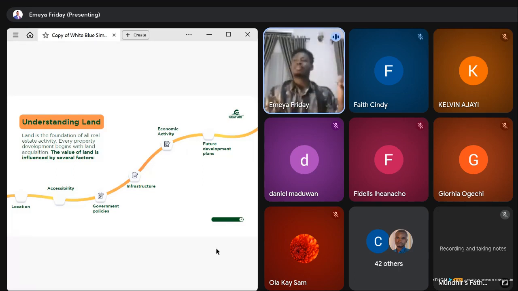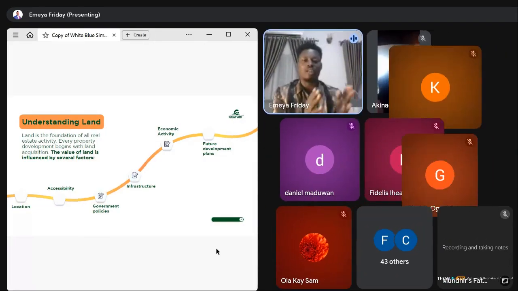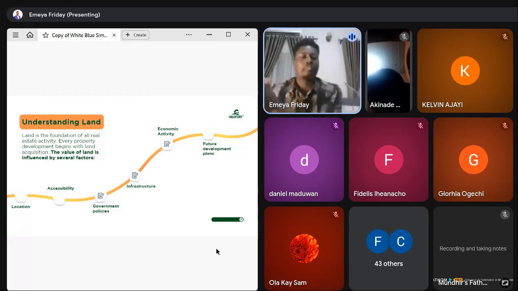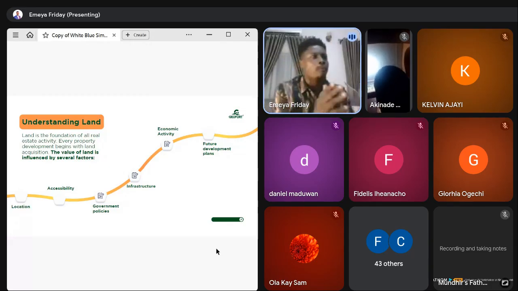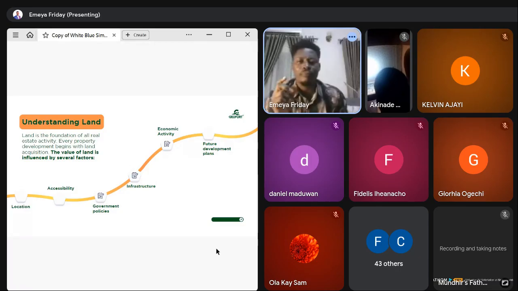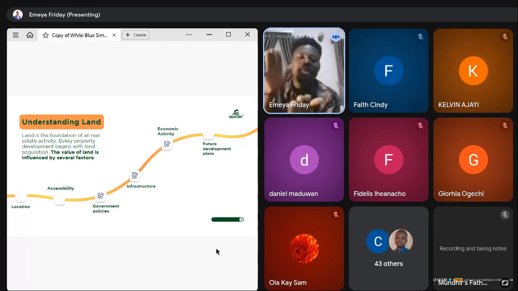Why is it that land in Banana Island, for example, to get 1,000 square meters, you're thinking of 1 billion naira and above, some 1 million per square meter, while land in Ijebu-Ode is as low as 3 million per plot or so? What brought about the difference in the value of land? That is what this slide is trying to explain to us.